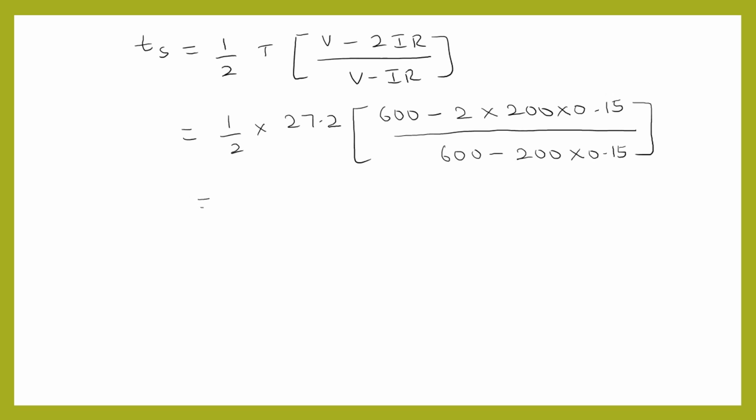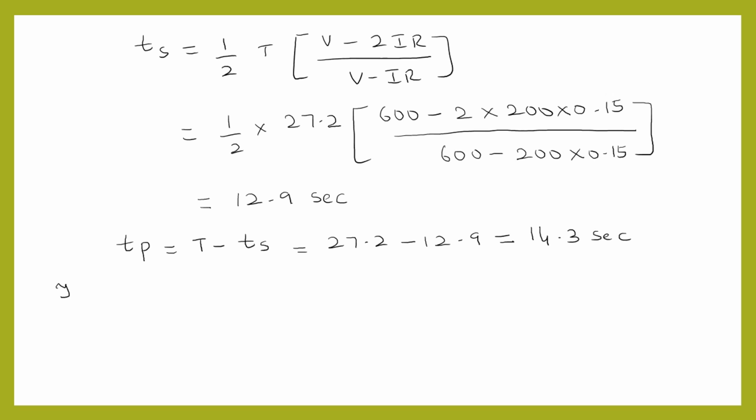So we have Ts equal to 12.9 seconds. We have Tp equal to T minus Ts, that is 27.2 minus 12.9, that is around 14.3 seconds.